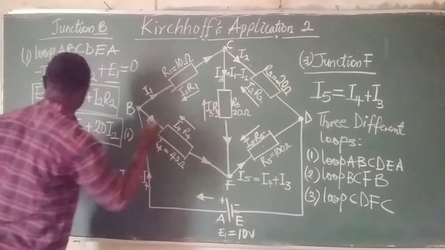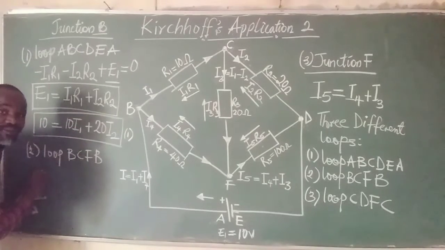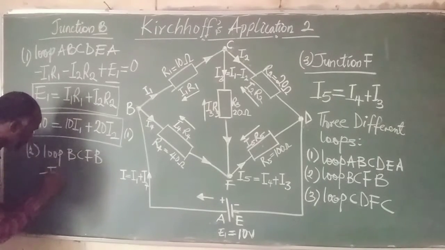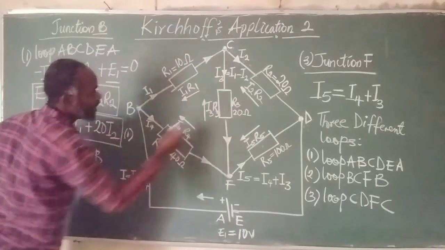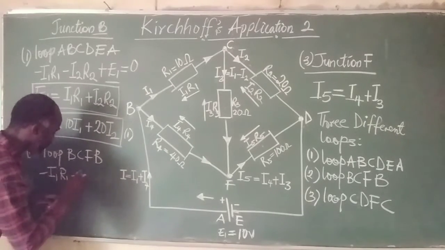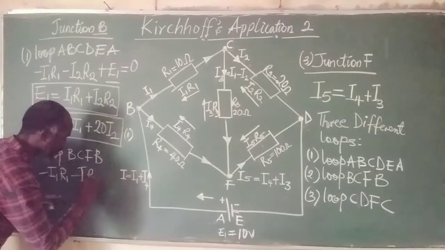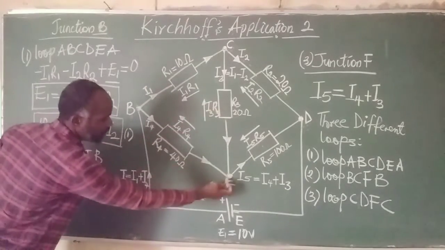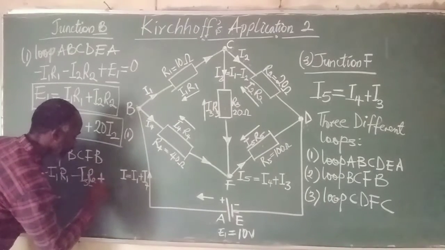So let's go. It becomes minus I1, resistance 1. Here is going to be minus I3, resistance 3. We come down here, this is going to be plus I4, resistance 4.